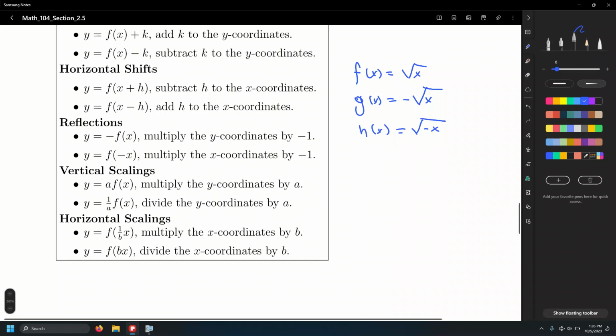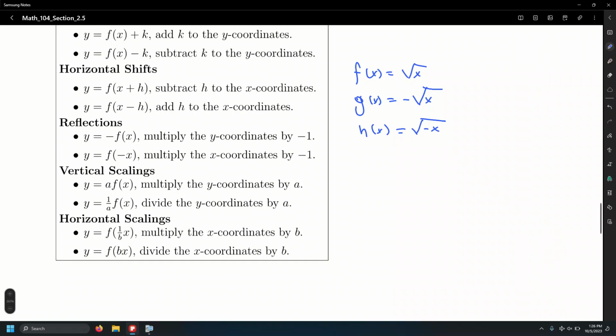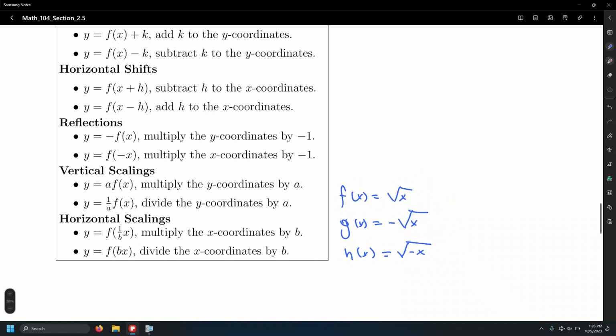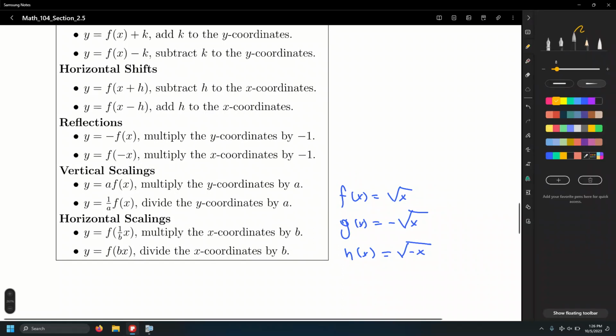So how about we use the graphing calculator to see these? So, reflection across the x-axis, and reflection across the y-axis, all right? So that's what we should be seeing when we graph two at a time.